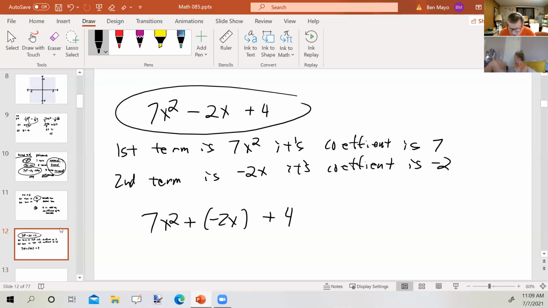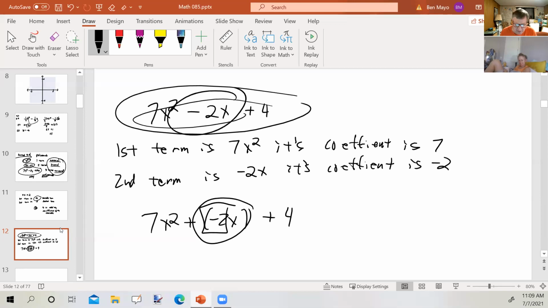So in terms of addition, this second term would be negative 2x, and its coefficient would be negative 2. Okay, so we don't have to rewrite this like that, but if we're talking about the second term, it's negative 2x, and its coefficient is negative 2. All right, any questions about that?